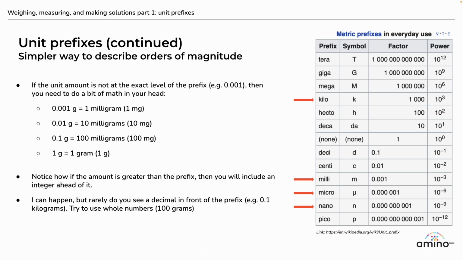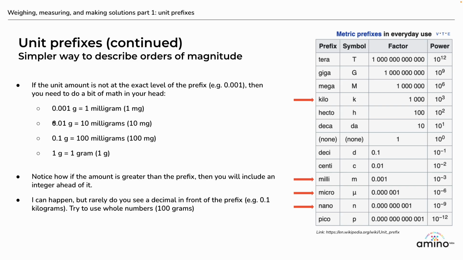Now, one thing to mention is often these prefixes are employed to use whole numbers of something. So often you'll have a whole number that's ahead of the unit and the prefix, and that's actually one of the reasons you use prefixes.